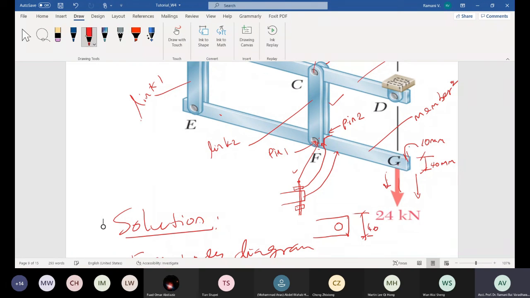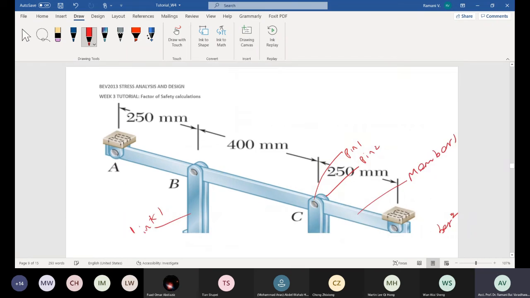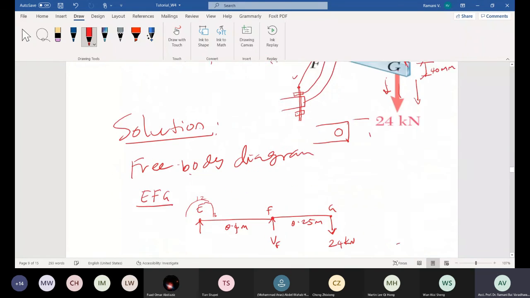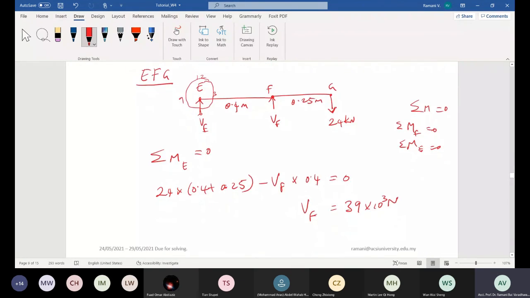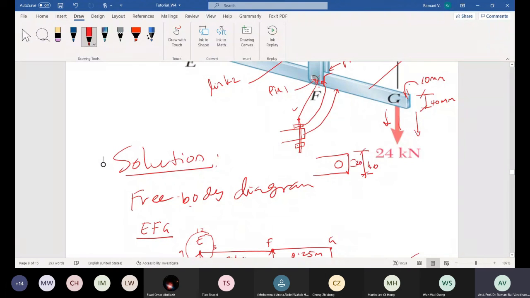How much is the diameter of the pin? Diameter of the pin is 20, which is given. Diameter is 20, right?